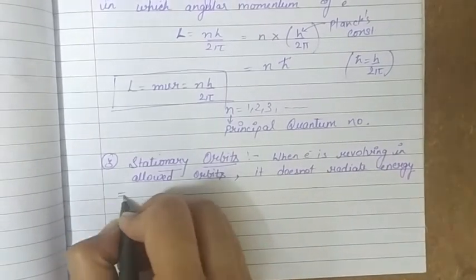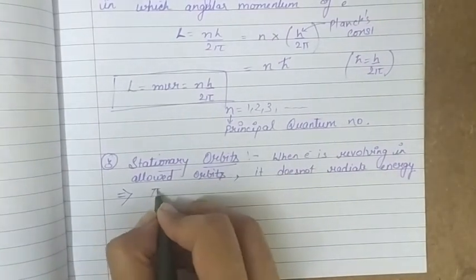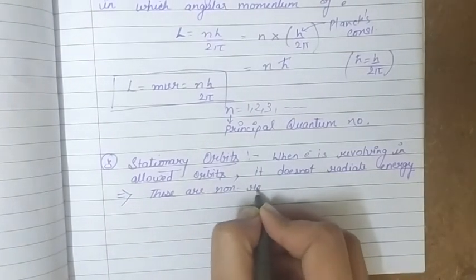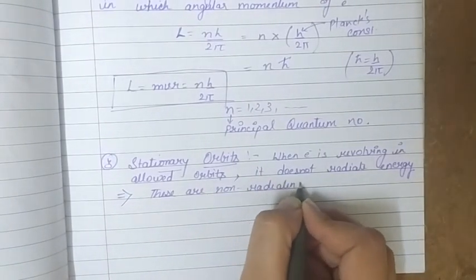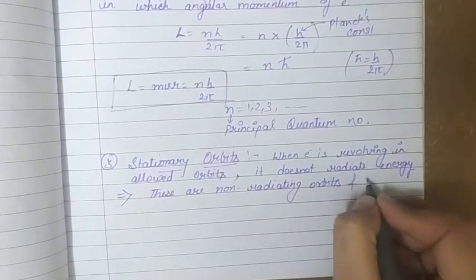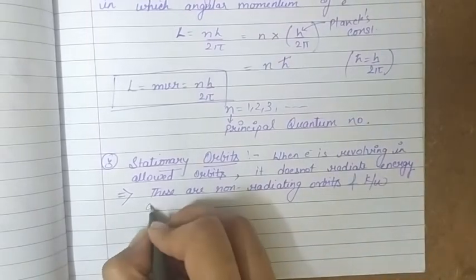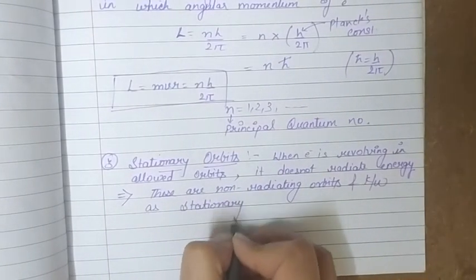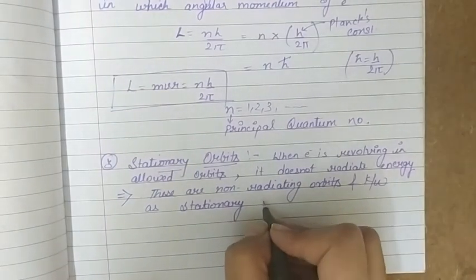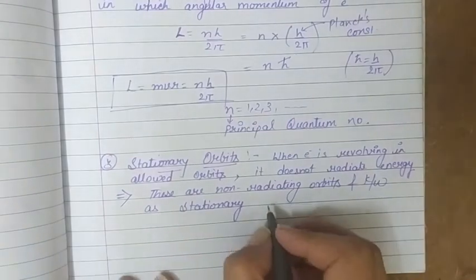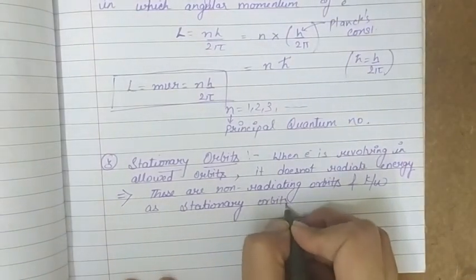These stationary orbits are basically non-radiating orbits in which the electron revolves but doesn't radiate any energy. This is the third postulate.